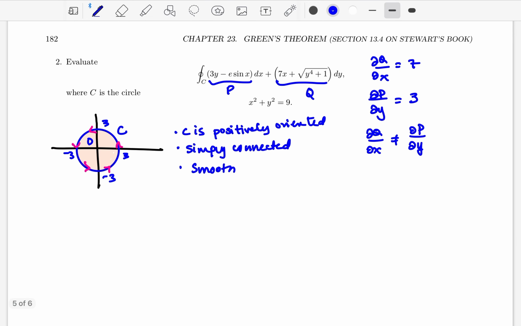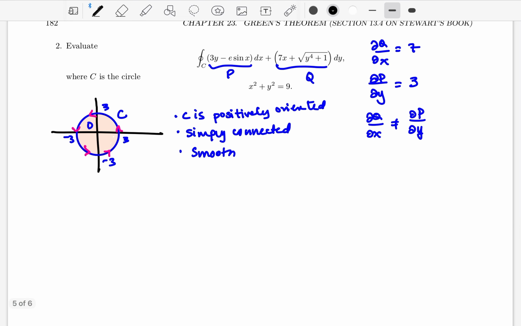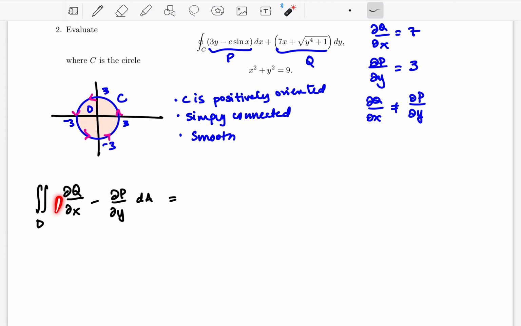So according to the theorem, the integral that we have over here is equal to the double integral over D of dQ/dx minus dP/dy dA. Now, let's understand this.